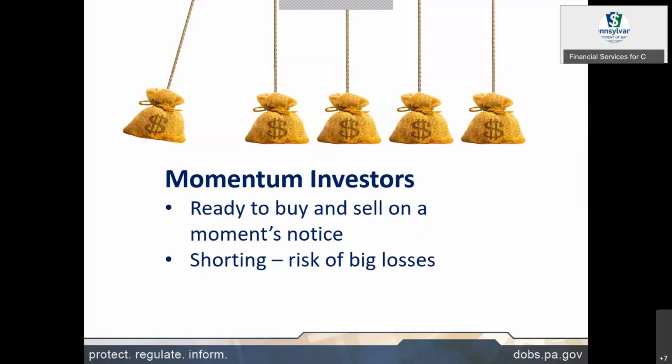They sell the stock and then wait, because they think that the price is going to go down. If the stock goes down once the investor has sold the stock, they buy it back at the lower price, and then they pay off the lender with this big profit.